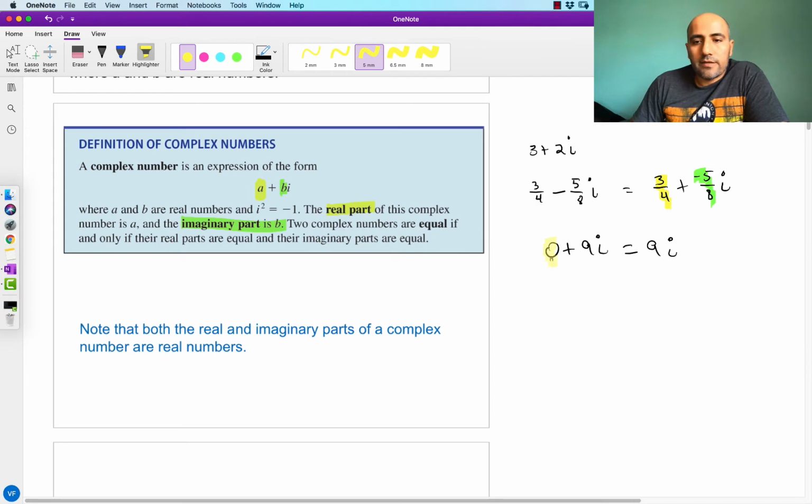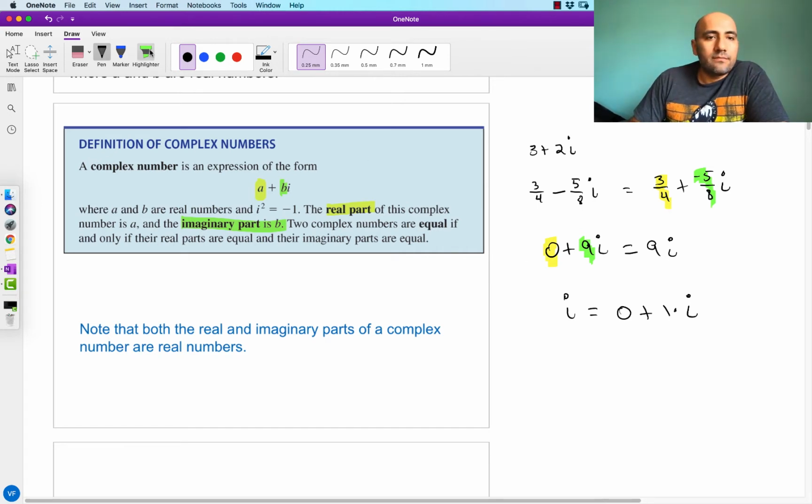Okay, so if you just see the i by itself, then we can rewrite it as 0 plus 1 times i, and so the real part is 0, and the imaginary part is a 1.